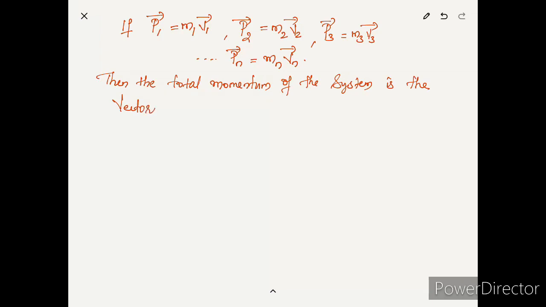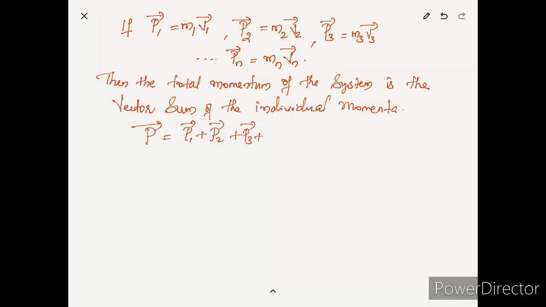We had already done this for a two particle system. So P is equal to p1 plus p2 plus p3 and so on up to pn. That is, the total momentum is m1 v1 plus m2 v2 plus and so on up to mn vn.